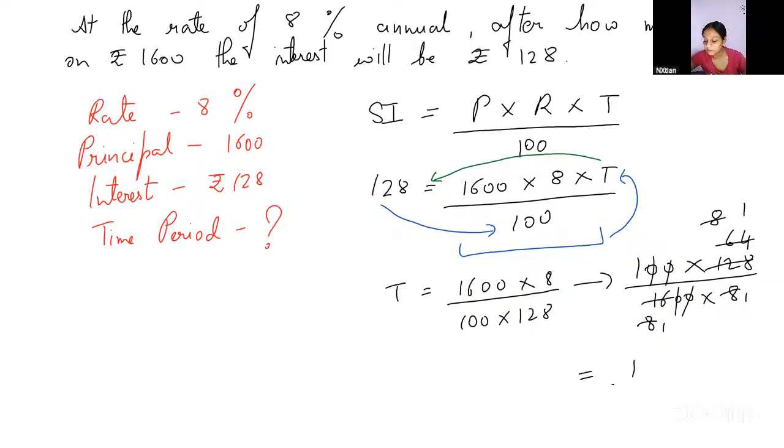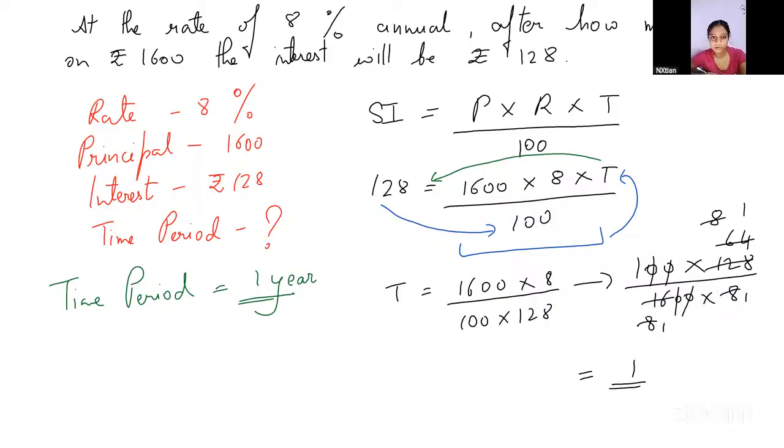We will only be left with 1. So our time period is 1 year. Time period is how much? 1 year. Understood?